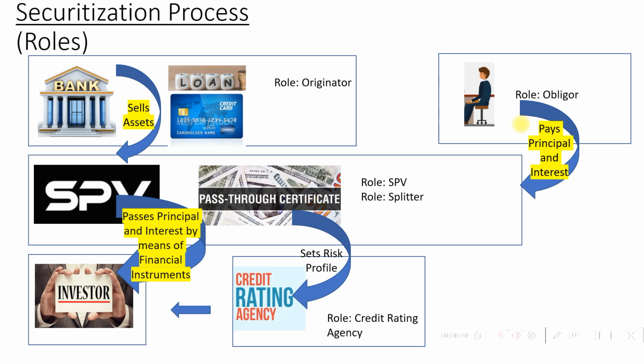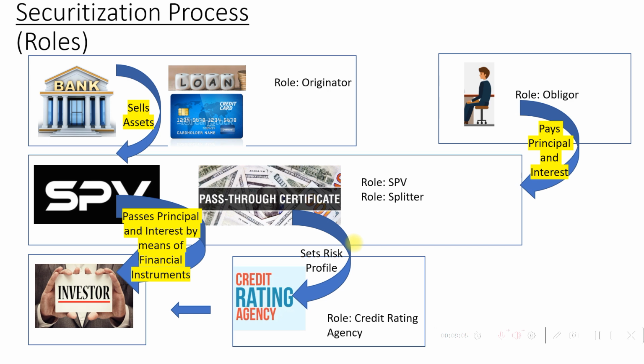The obliger, who is the originator's debtor, bank's customer in other words, who has taken a loan, pays principal and interest on the loans, leases and receivables in the underlying pool of the bank's asset, which are actually collected by the servicer, and it will be passed to the investors through the SPV or through this pass-through certificate, which we will explain later.